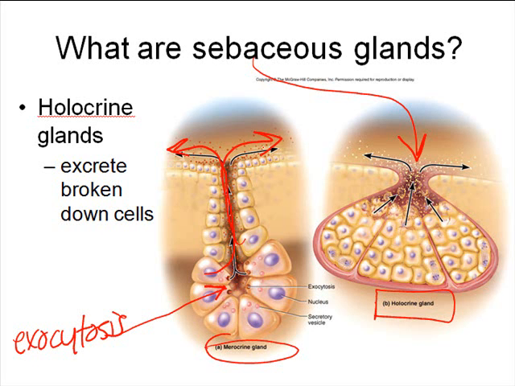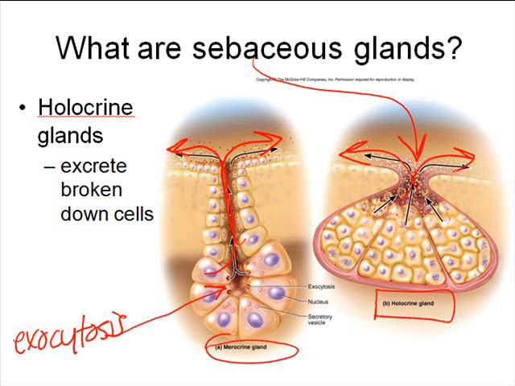holocrine glands have the whole cell break apart into little fragments, and then all of those cellular fragments and debris and all of the lipids and the proteins, et cetera, that were housed inside of that cell get released onto the surface. And as you might imagine, bacteria find all kinds of wonderful things to consume in these broken down cell fragments, things like lipids and proteins.